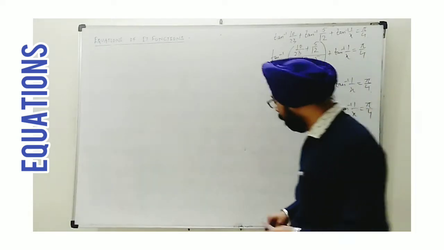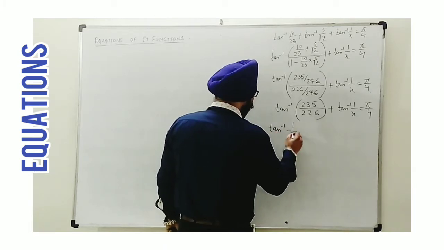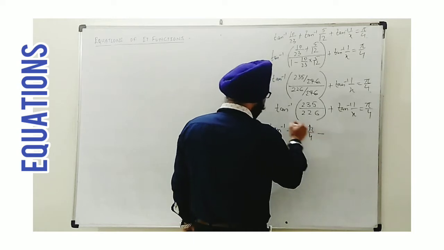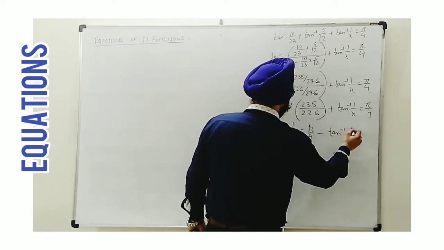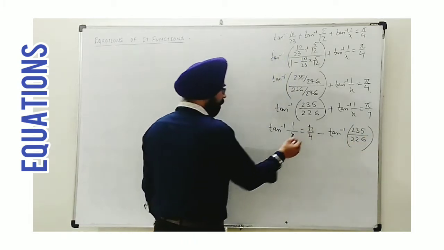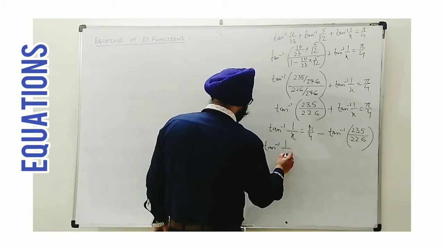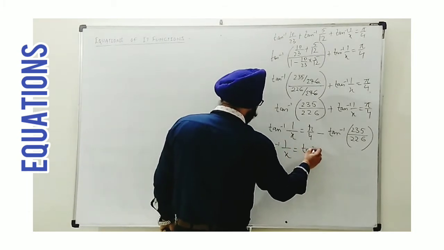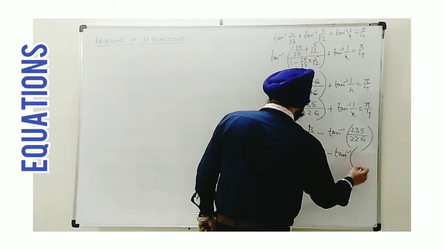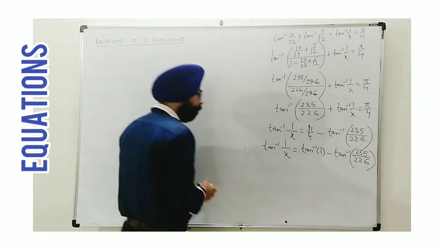Okay, now we go ahead. This can be written as tan inverse 1 upon x is equal to, first we write pi by 4 as it is, minus tan inverse 235 upon 226. As I said earlier, pi by 4 is tan inverse 1. So we will write tan inverse 1 upon x equal to tan inverse 1 minus tan inverse 235 upon 226.